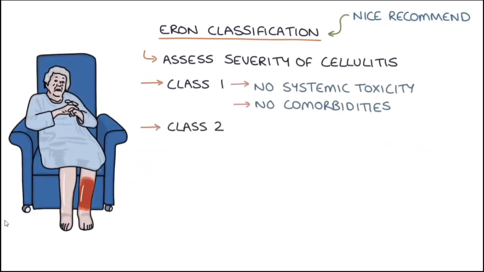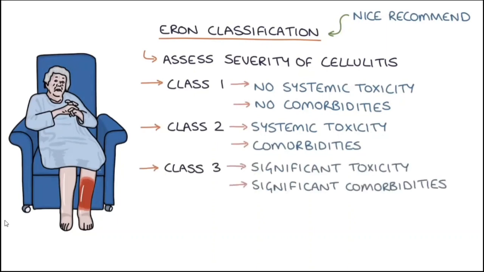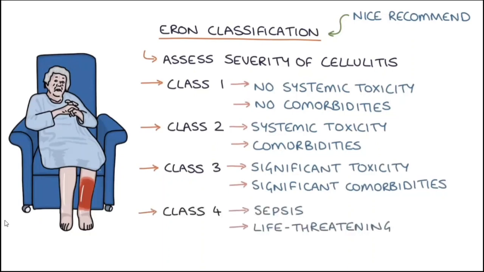Class 2 is where there's systemic toxicity, so they're systemically unwell, or the patient has some sort of comorbidities. Class 3 is where there's significant systemic toxicity or significant comorbidities, which put the patient at risk of deteriorating quite significantly. And Class 4 is where there's sepsis or life-threatening infection.